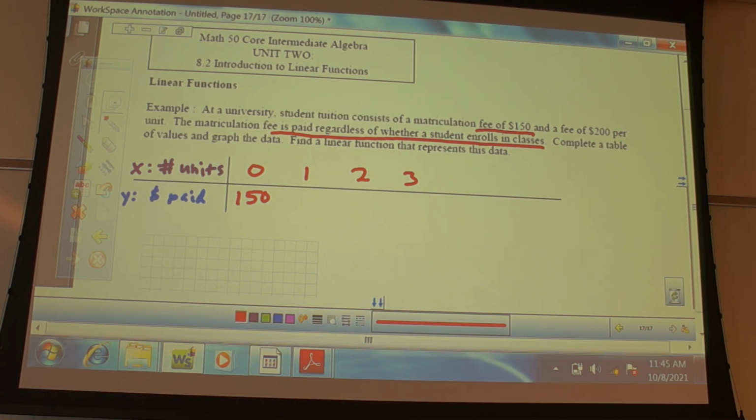You always pay this amount, but then you also pay $200 for every unit you take. So each unit costs $200.